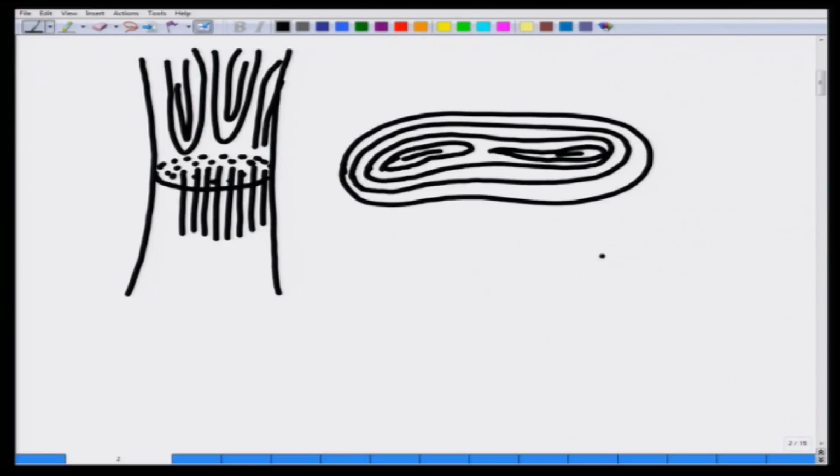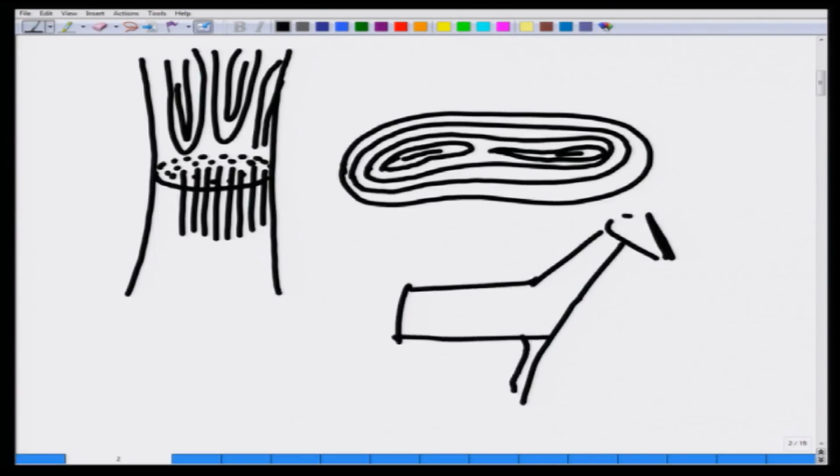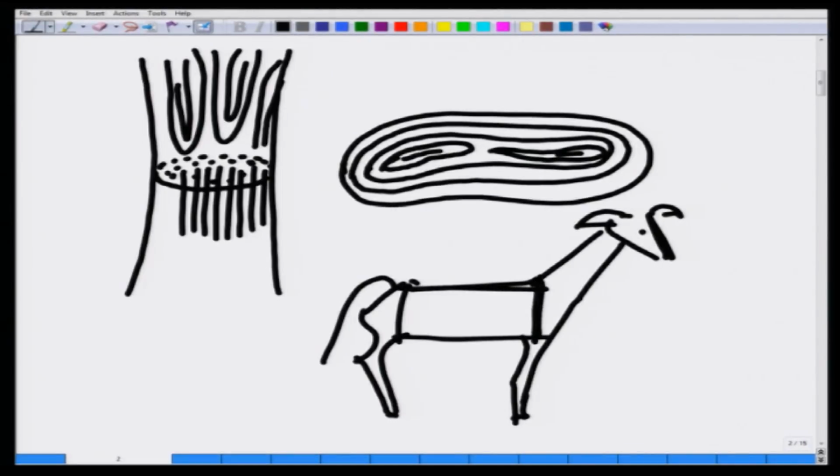For example, if we divide any pattern into different parts, like an animal figure which we are trying to simplify, we read it in terms of geometry.